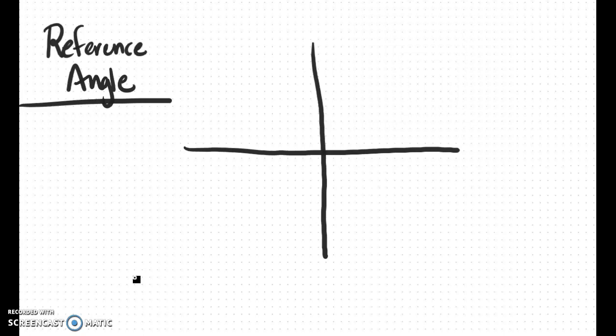Here's my x-axis. For example, we could have an angle that is like this. This is what we are used to seeing: an angle that has the initial side here, and then it terminates in quadrant 1.